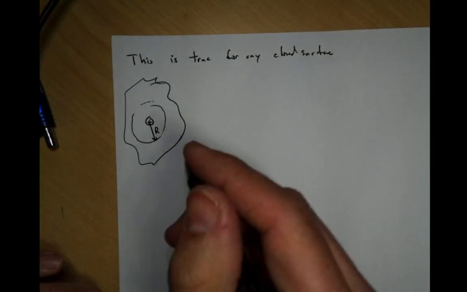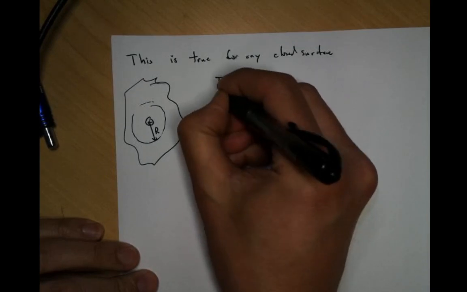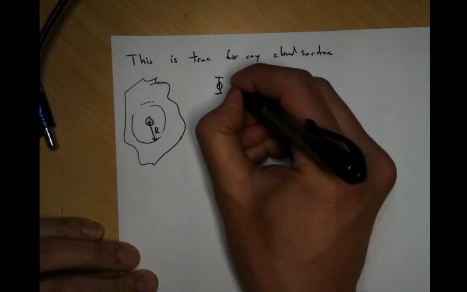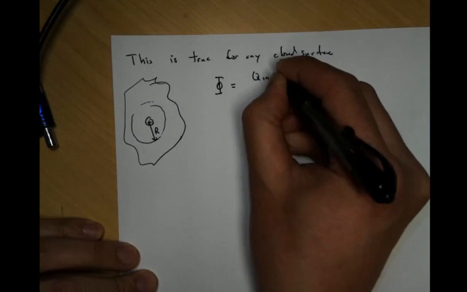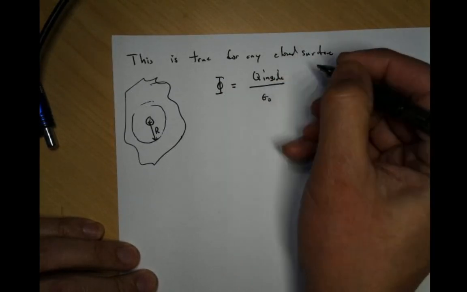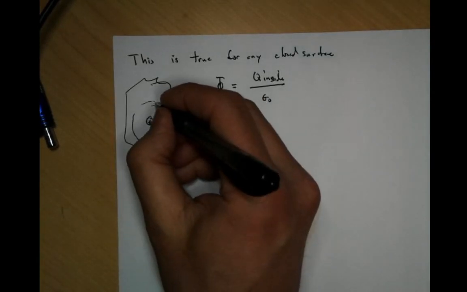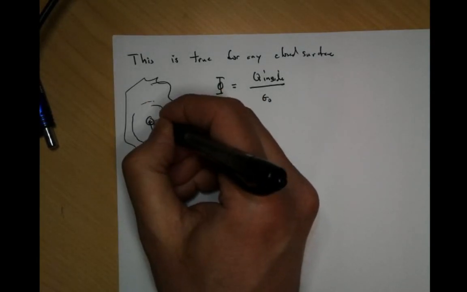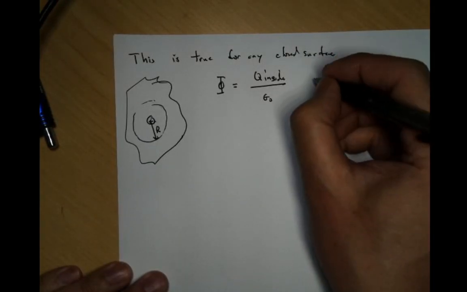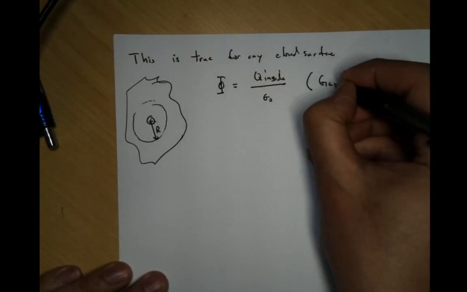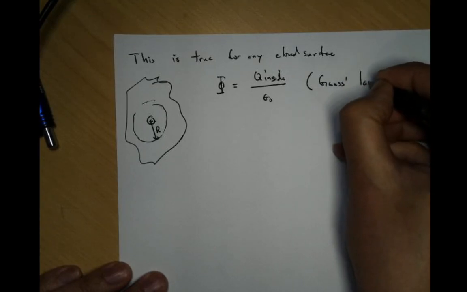So the flux phi is equal to Q inside over epsilon naught. If I ask what the Q inside is, the only charge in there is that capital charge Q. This is called Gauss's law.